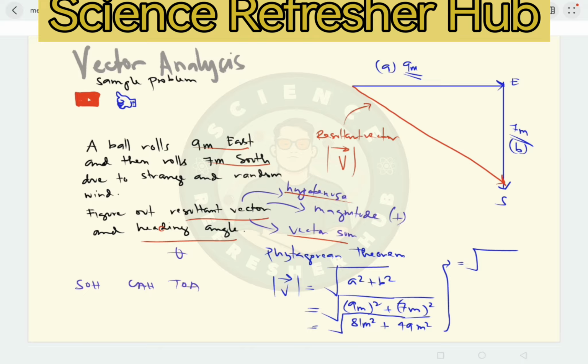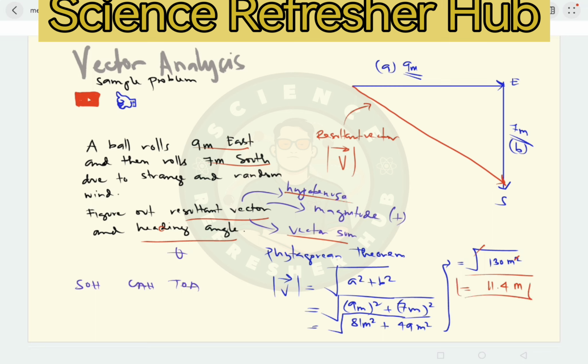So 81 plus 49, the answer is 130 meters squared. To get the square root, cancel the radical sign and cancel this square here. You will have a remaining meter unit. Get the square root of 130 and make it a decimal number, so you have 11.4. Do not forget the unit.